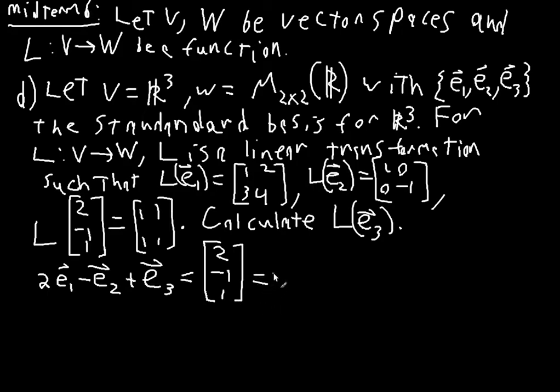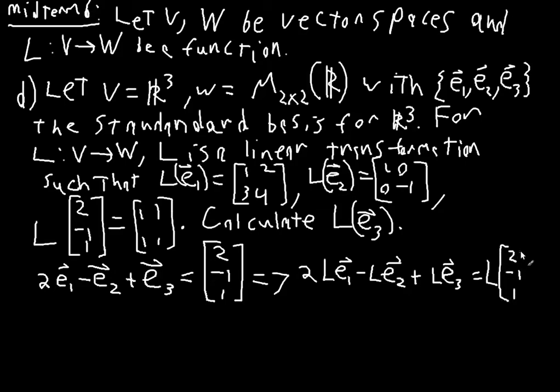If we then apply L to both sides and use the fact that L is a linear transformation, we get that 2 times L of E1 minus L of E2 plus L of E3 is equal to L of (2, -1, 1). Okay? We know what L of E1 is, we know what L of E2 is, we know what L of this vector is, so we just have to do some algebra to get what L of E3 is.